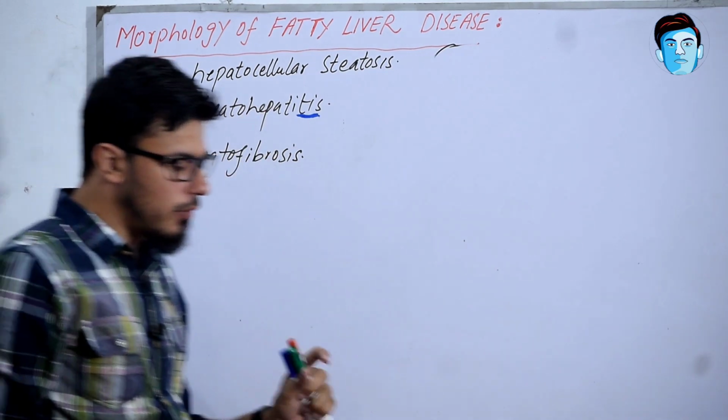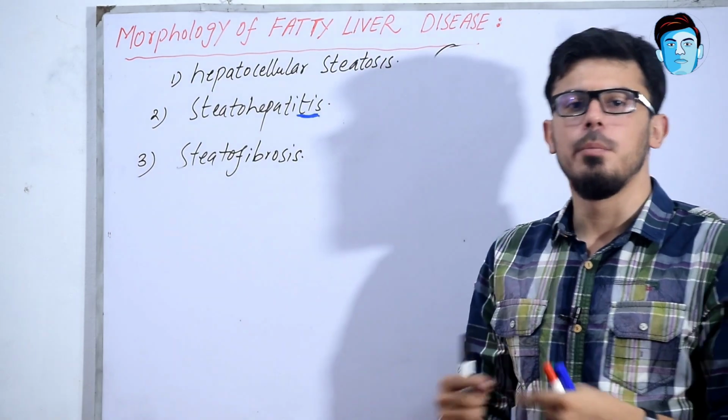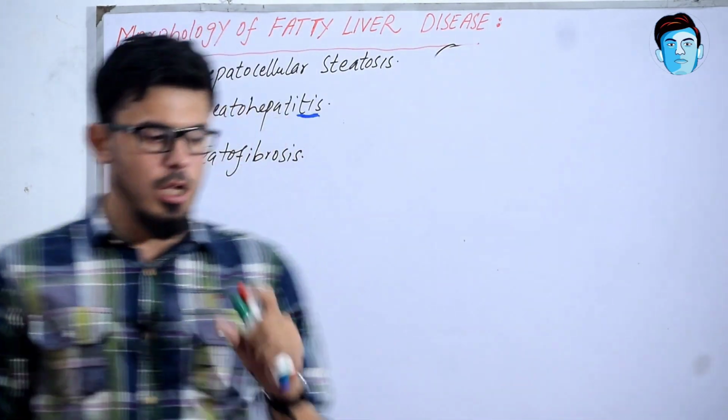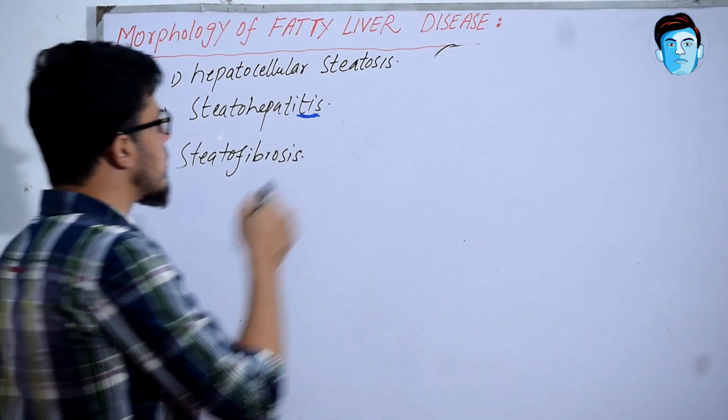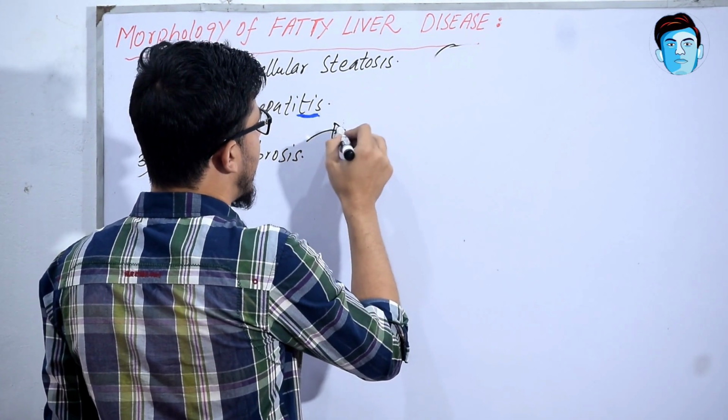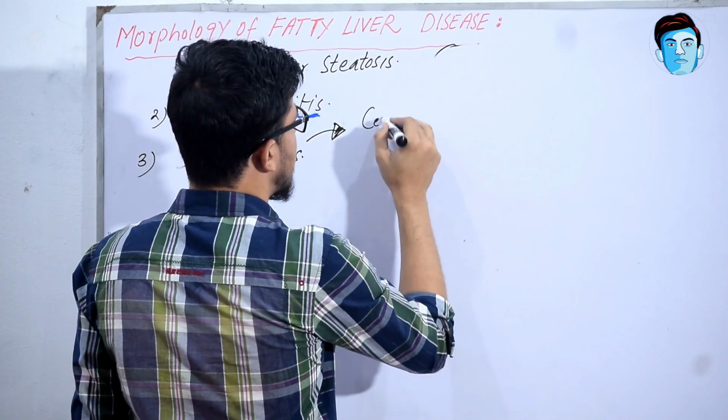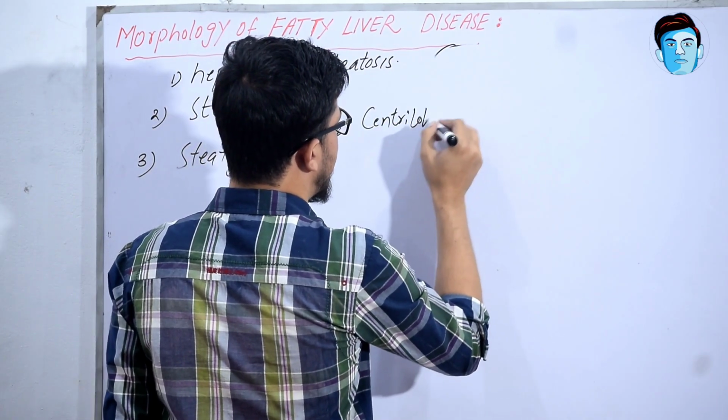So in the phase of steatofibrosis, there will be repeated episodes of scarring and fibrosis. Now the question is, where does this fibrosis start in the liver? So remember students, this repeated episode of scarring and fibrosis starts from the centrilobular area.